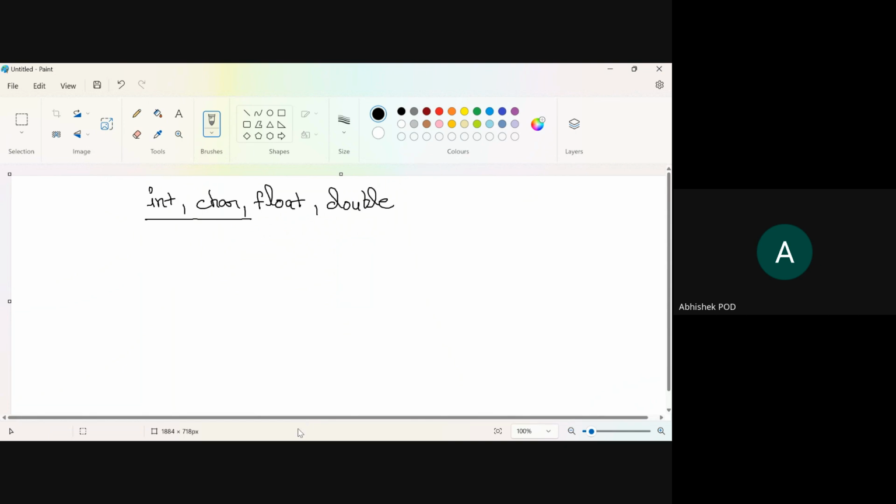Now the thing is, the logic that you are writing may require you to convert one type of value into another. For example, a very basic example. Suppose you are writing a program for calculating the total amount to be paid by a customer based on the items or products that he or she has added in the cart.